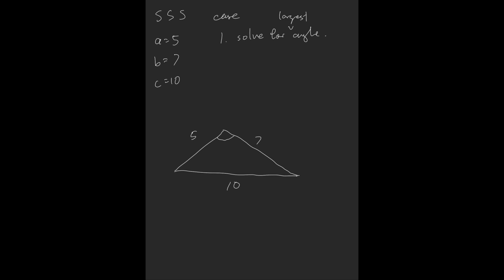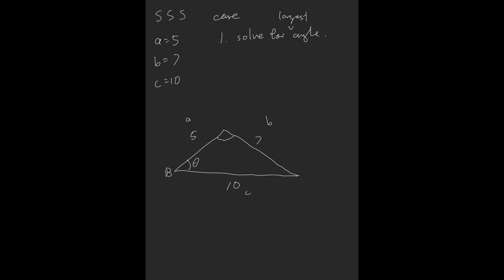Now, since we have the lengths of all these, I'm just going to label this A side, this is B side, C side. We are going to want to try and solve one of these angles. So I've picked this one at random, angle B.